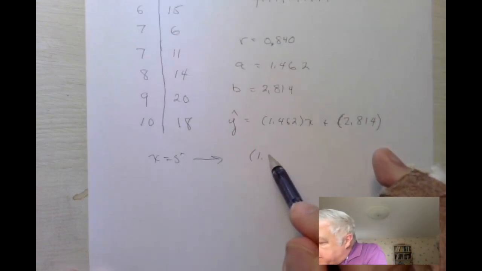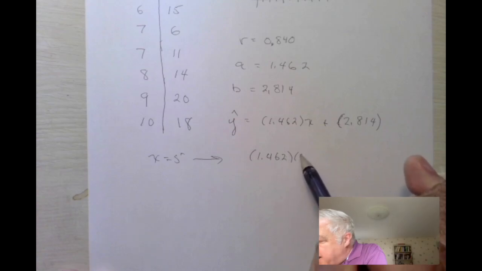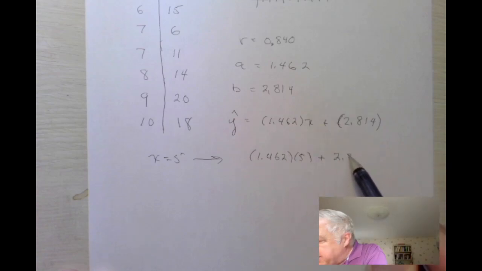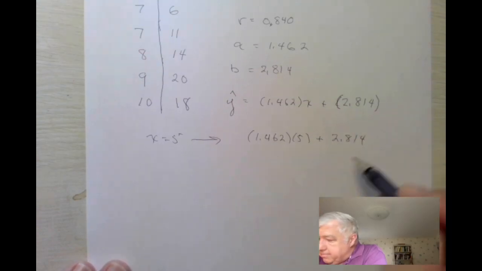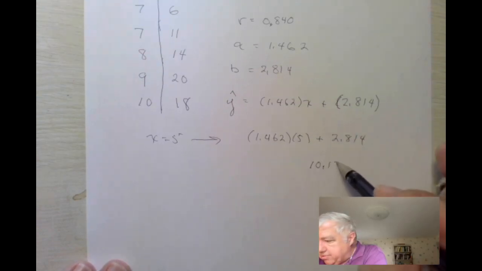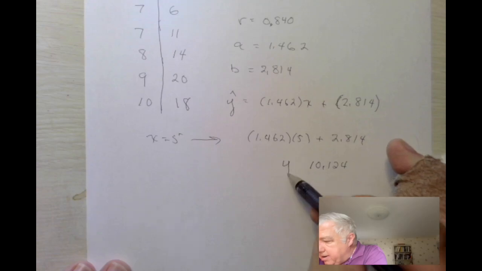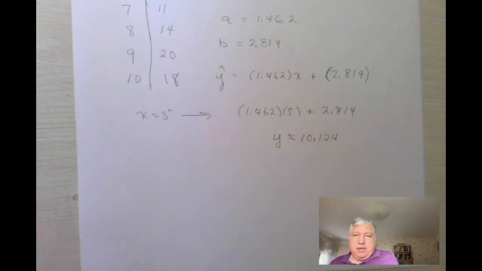We get 1.462 times 5 plus 2.814, and we would just enter that in our calculator: 1.462 times 5 plus 2.814, and this turns out to be 10.124. So y is going to be approximately 10.124 according to our regression line.